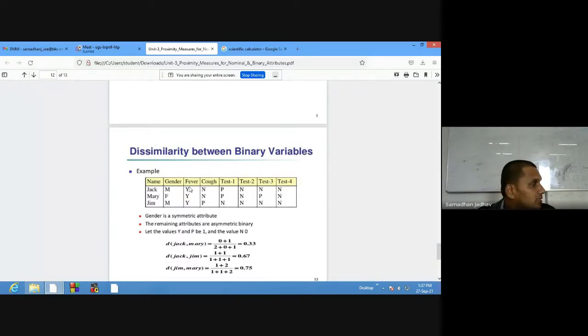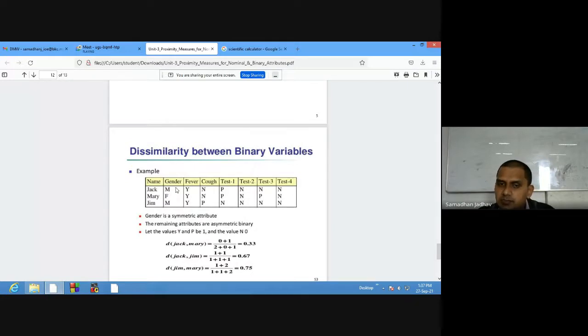Fever can be yes or no. If fever is present it is important, if not then it's not important, so it is asymmetric. Cough present is important, absent is not. Test positive is important, negative is not important. So fever, cough, test 1, test 2, test 3, test 4 are asymmetric binary attributes, and gender is the only symmetric attribute.